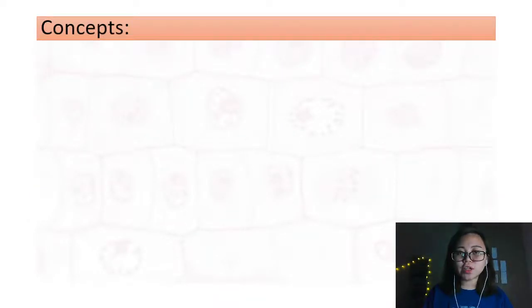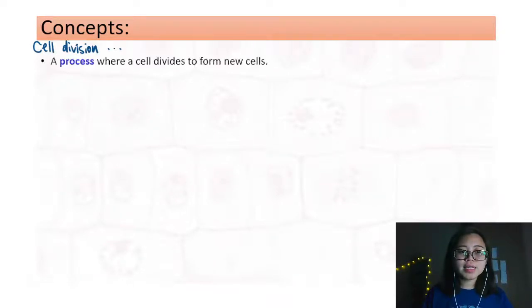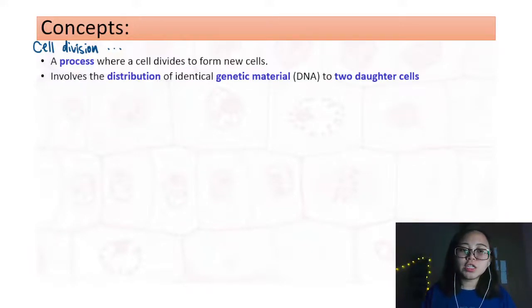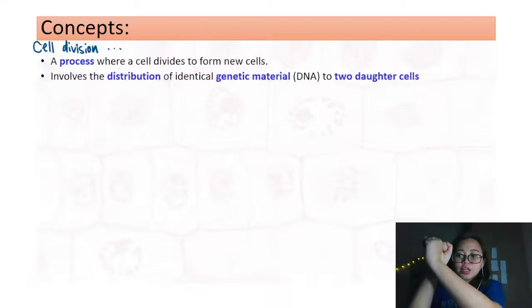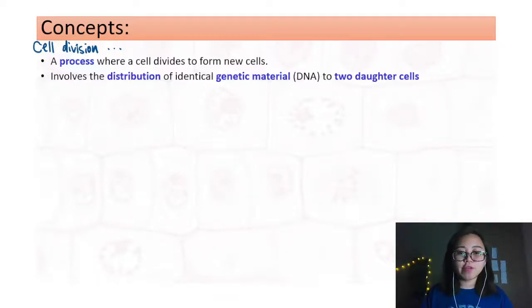Okay, so first things first, let's establish the concept. Cell division. Cell division is a process where a cell will divide to form new cells. Cell division involves the distribution of identical genetic material or DNA to two daughter cells. Jadi DNA yang sama berasal daripada sel asal, undergo cell division, dua daughter cell akan dapat genetic information atau DNA yang sama.